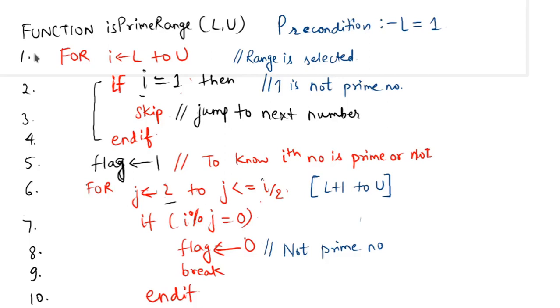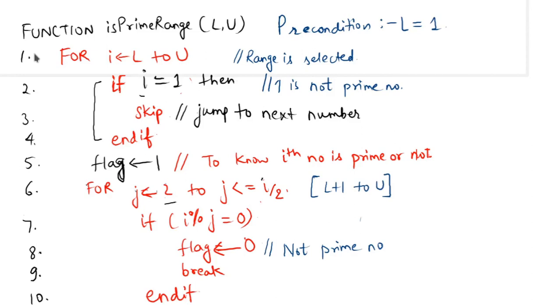So here a total of 1 operation will be carried out. Then the flag is set to 1, which is another variable used to know whether that number is prime or not. If that number is prime, flag will have the value of 1, otherwise 0.